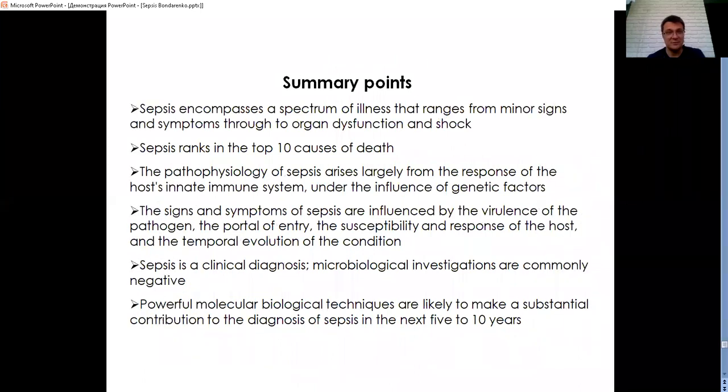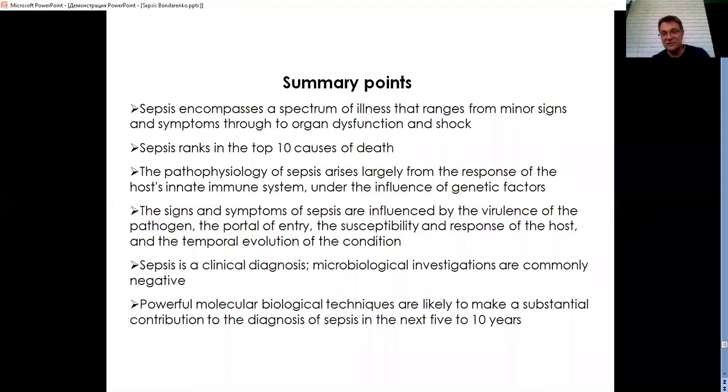And in the very last minute, I just want to give you the take-home message, just to summarize this lecture. Sepsis encompasses a spectrum of illness that ranges from minor signs and symptoms through to organ dysfunction and shock. Second, sepsis ranks in the top 10 causes of death. That's why it's very important and still relevant.